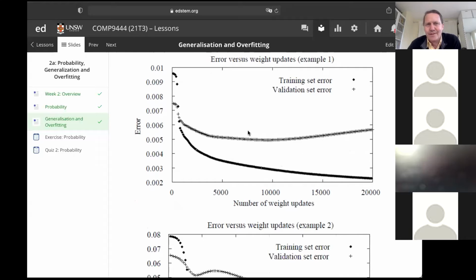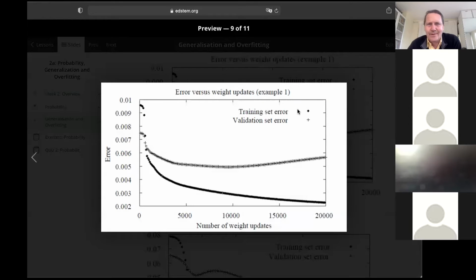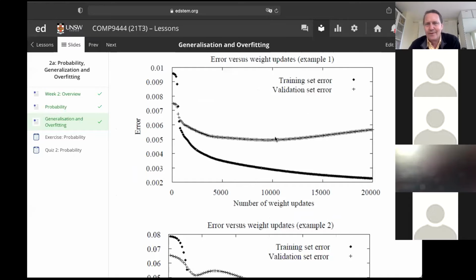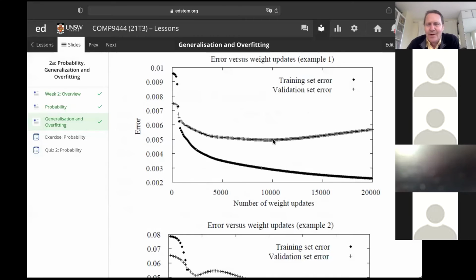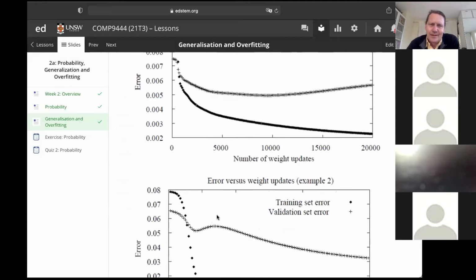The idea is that if you choose parameters that give you a good validation set error, they'll probably give you a good test set error as well. And once you've settled on your meta parameters, then you can retrain using the entire training set.